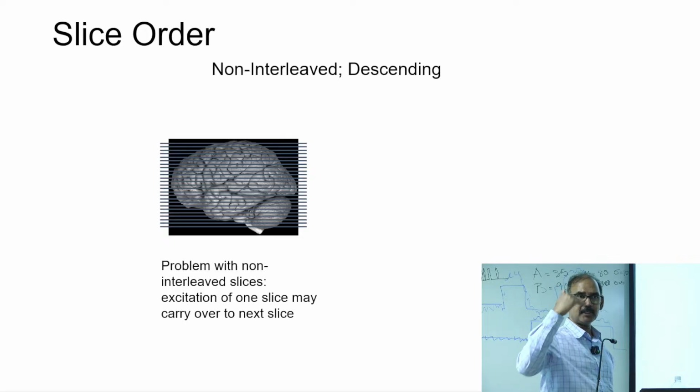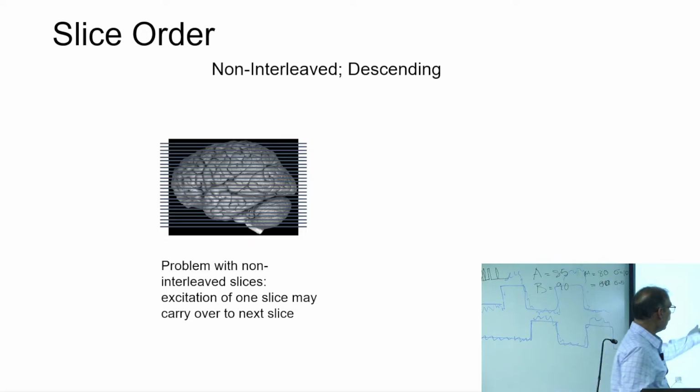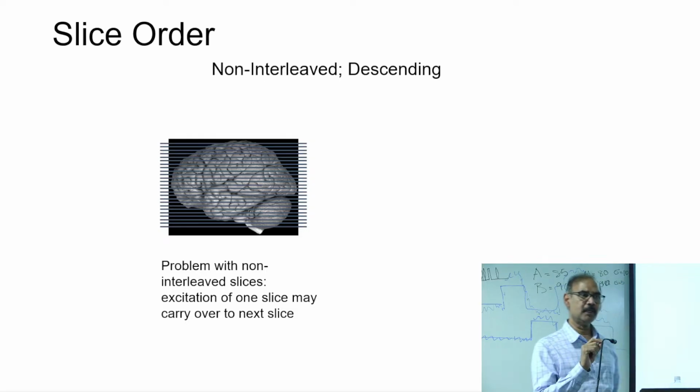If it is 20 slices, sorry, 1.9 seconds. If each one is getting collected at 100 milliseconds, 200 milliseconds, 300 milliseconds, then between the first one and the last one, there is going to be almost a 2-second difference, right?